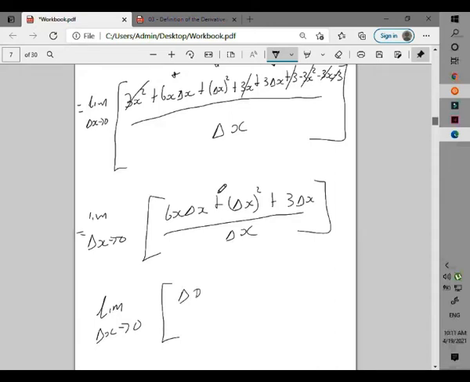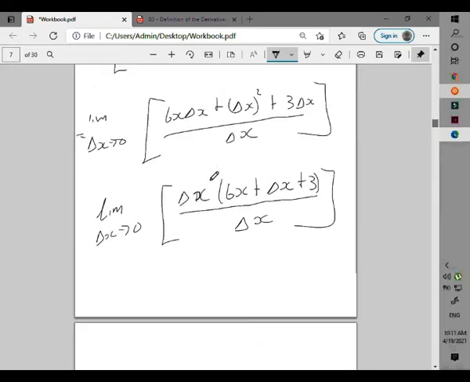So this is delta x of, what did I do? Delta x of 6x plus delta x plus 3, all being divided by delta x. So this goes to this: the limit as delta x approaches 0 of 6x plus delta x plus 3.